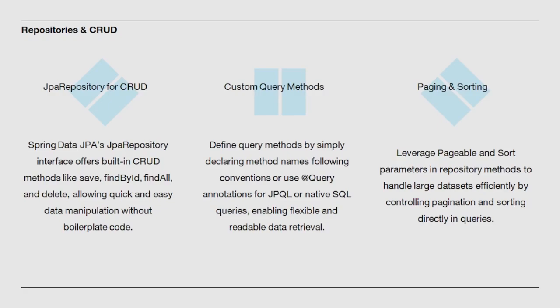Or if you want to fetch by salary greater than 5,000, or if you want to fetch by ID and name, it's all easy using JPQL. The next one is pagination and sorting. It provides this out of the box, leveraging Pageable and Sort parameters in repository methods to handle large data sets, etc.